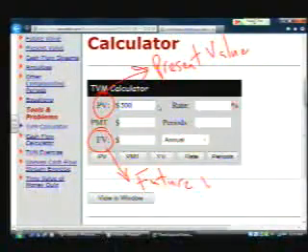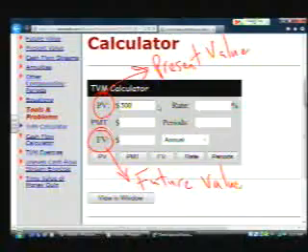And guess what the PMT stands for, Robert? What do you think PMT stands for? I don't know. Take a guess. Well, I'll give you a multiple choice. Does it stand for present value, future value, APR, or payment? Payment. Payment, good answer.